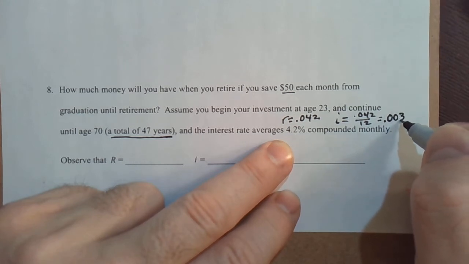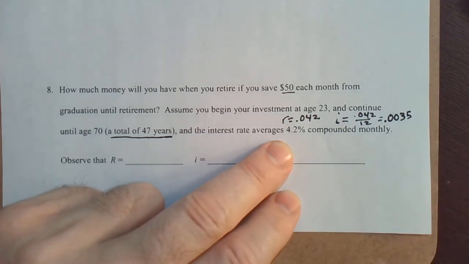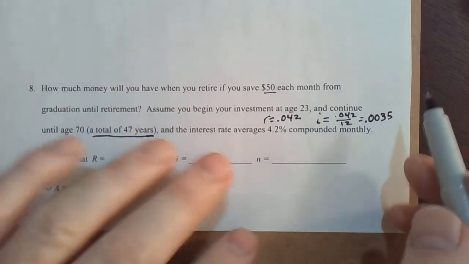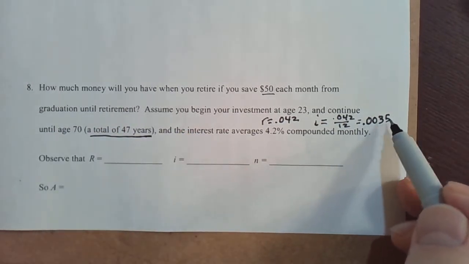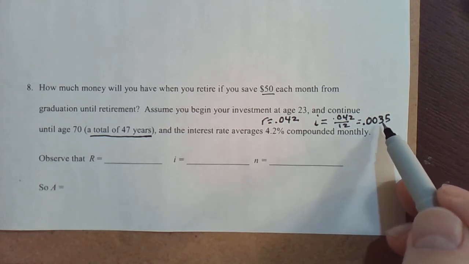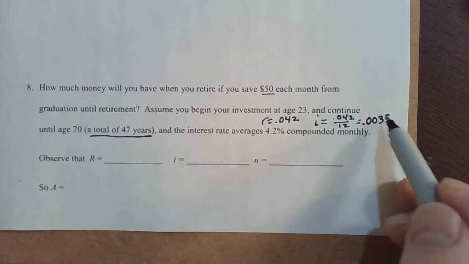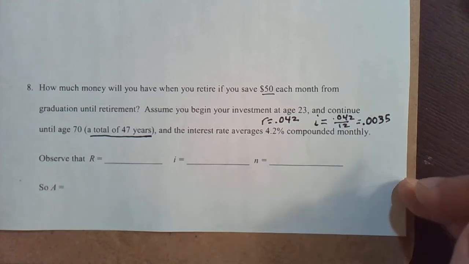Let me make sure I got the decimal in the right spot. I'm going to double check. 0.042 divided by 12. Oh yeah, I divided it by 0.12 last time. That was the problem. So yes, it's 0.0035. It's not even 1%. It's 0.35% per month, which if you multiply that by 12, you're going to get 0.042.